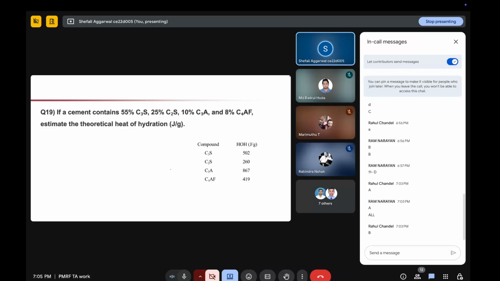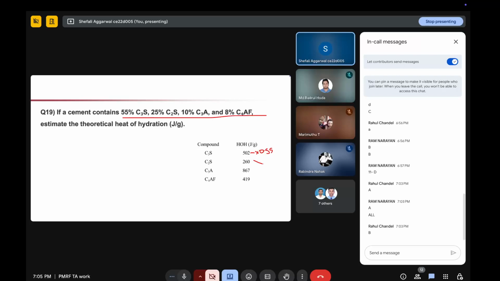Anybody who has tried it, or you're getting the formula or something? So simply what we are doing, first the heat of hydration for the first compound, that is 55% means 0.55.